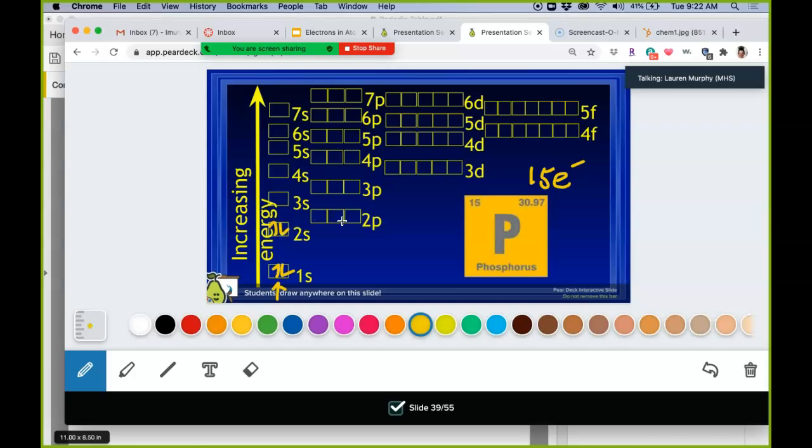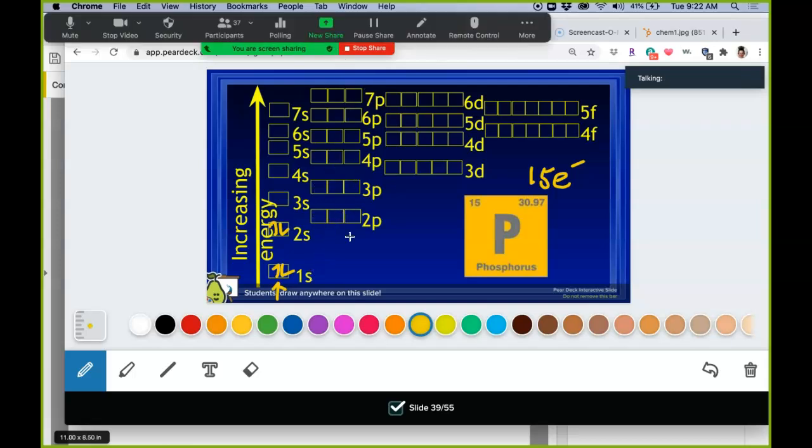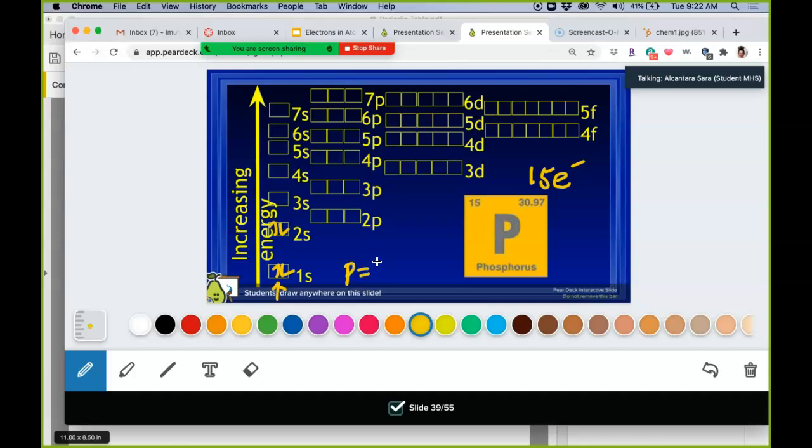Now, why are there 3 boxes for the P's? This is super important. Look at all your P orbitals. Every single 2P, 3P, 4P, 5P, 6P has 3 boxes. Why are there 3 boxes? Is it because they have 3 different shapes? It is. Very good. There's PX, PY, PZ.